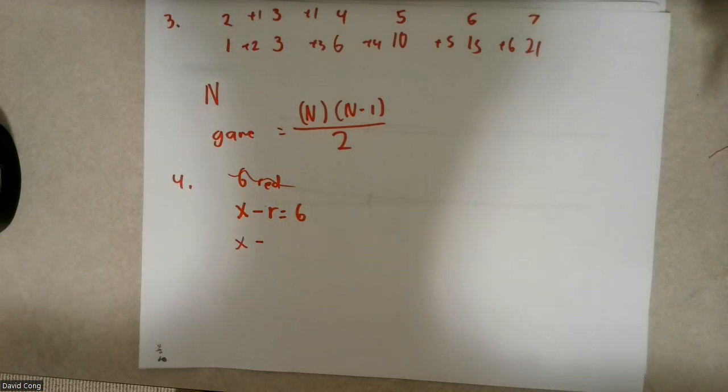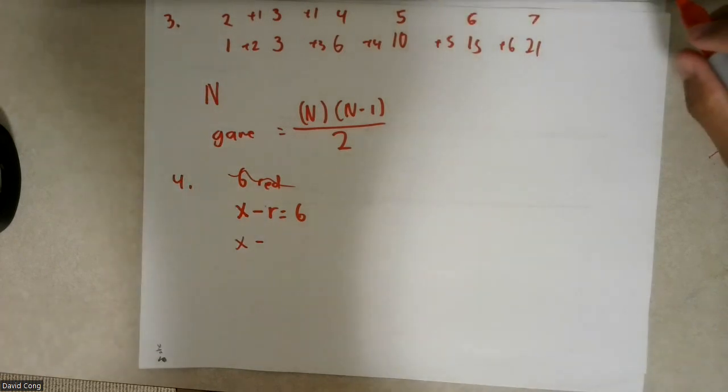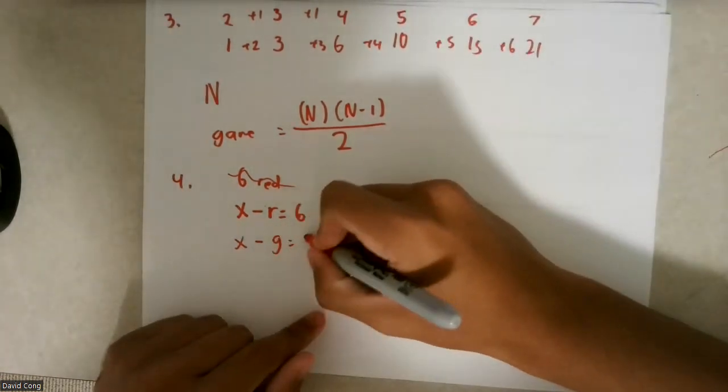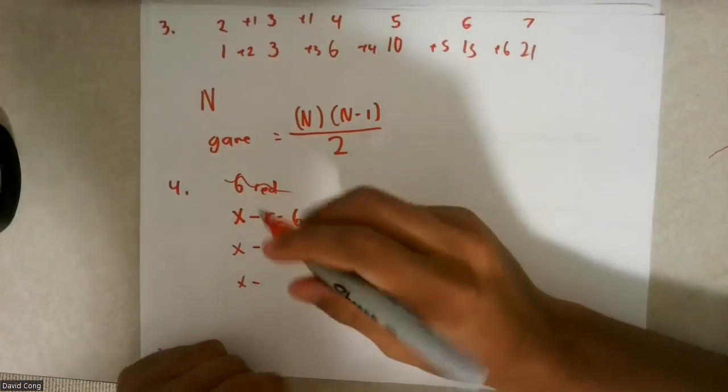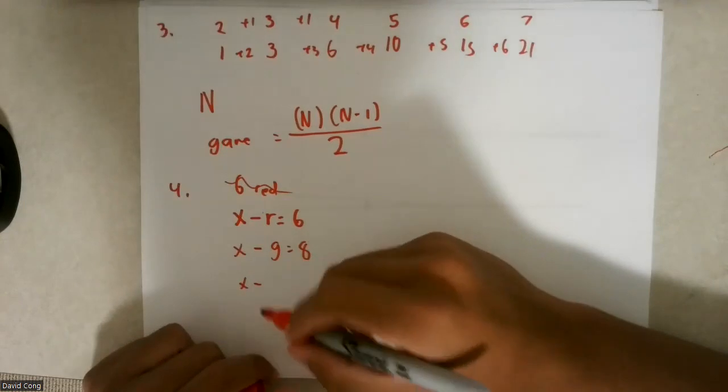And all of the marbles except for 8 are green marbles. And finally, all the marbles except for 4 are blue?